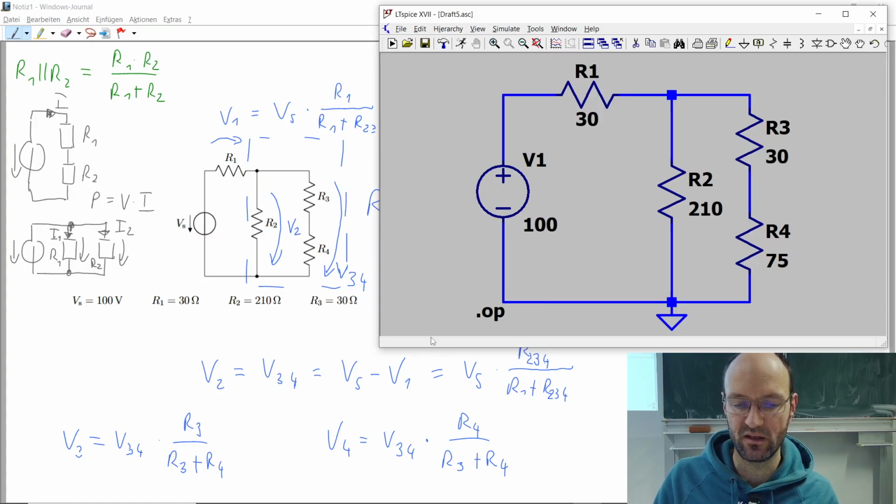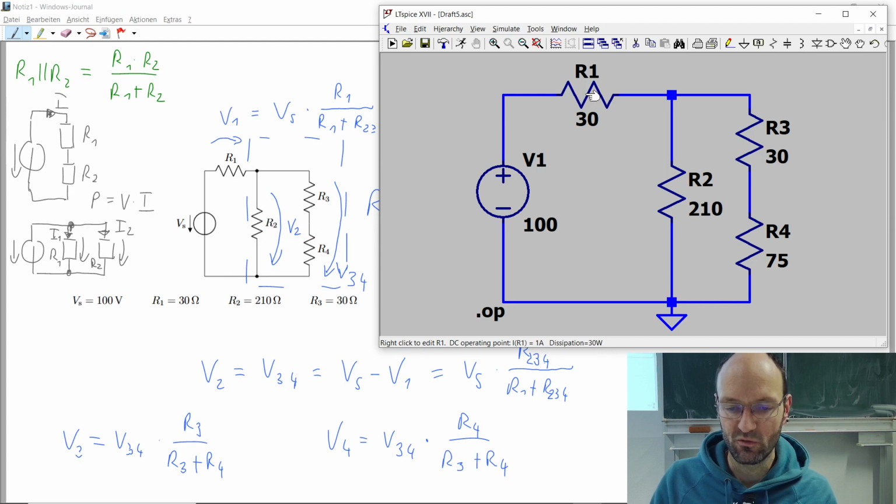But once again, take a look at the status bar. If I now hover the mouse over the resistors, we see, okay, there's a DC operating point with 1 ampere, 30 watts, 23 watts, 13.3 watts, 33.3 watts of power dissipation in this circuit.